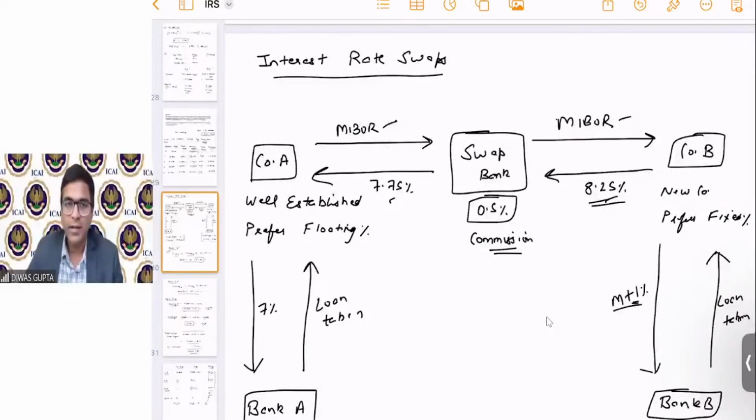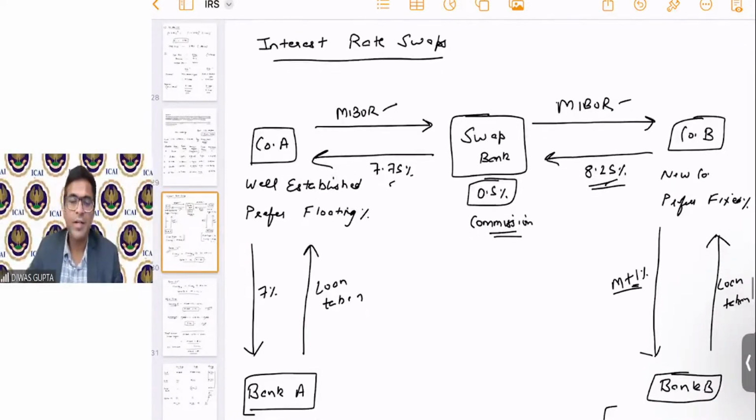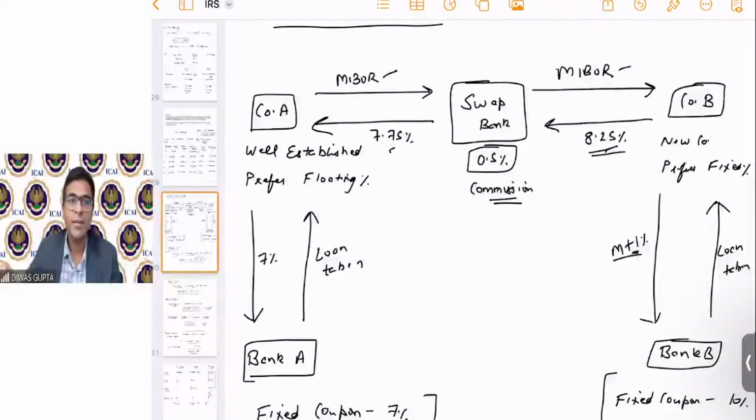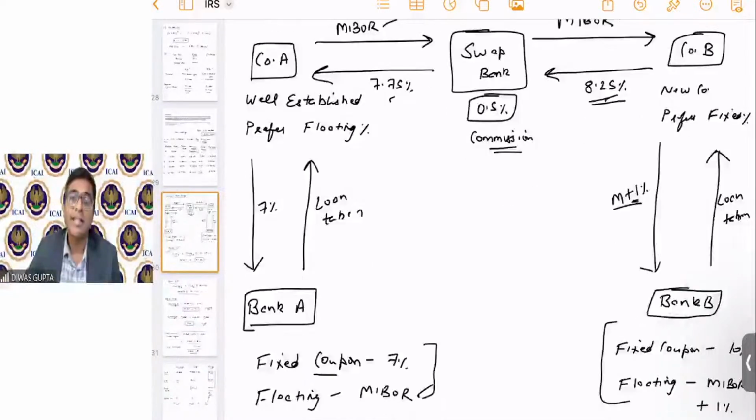So okay, meanwhile, what we discussed in interest rate swap was that there are two different companies. They approach a swap bank. Essentially, after the floating to fixed and fixed to floating, we also discussed how currency swap works, students, right? In currency swaps, whatever the value is getting exchanged today, the same rate will be used for the later exchanges.